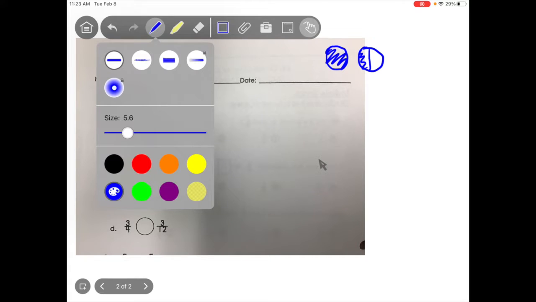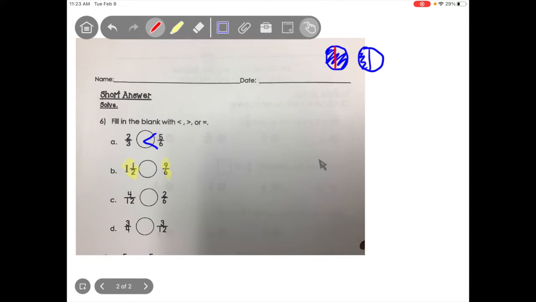To turn it into an improper fraction, I can look to see how many total halves I have. Here's a half, here's a half, here's a half: 1 half, 2 halves, 3 halves. So 1 1/2 written as an improper fraction would be 3 halves.